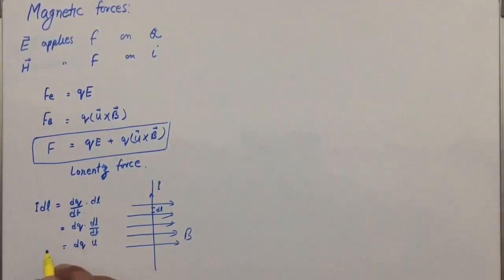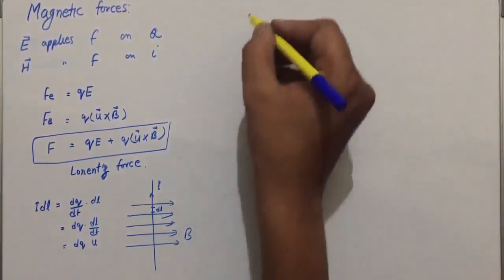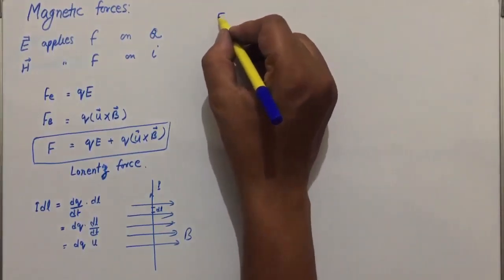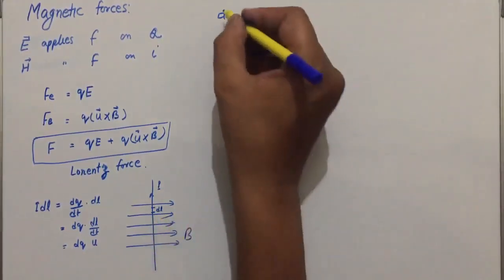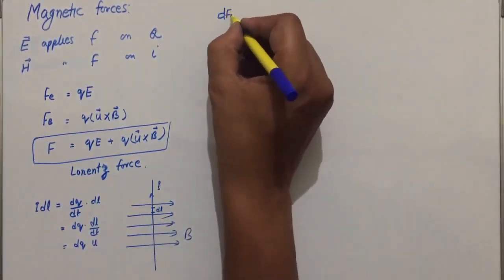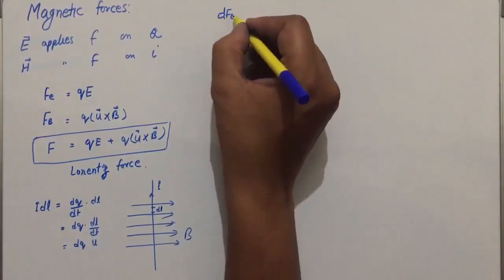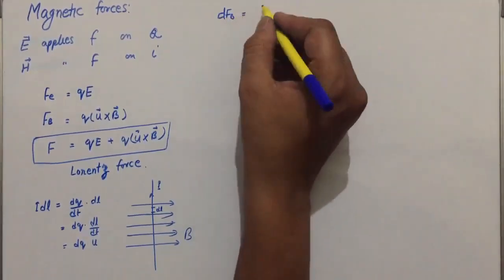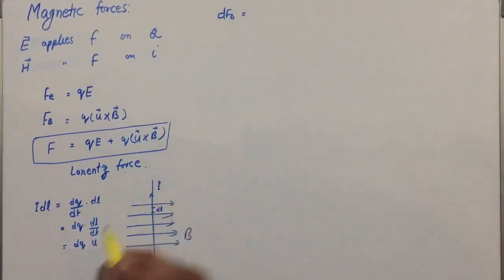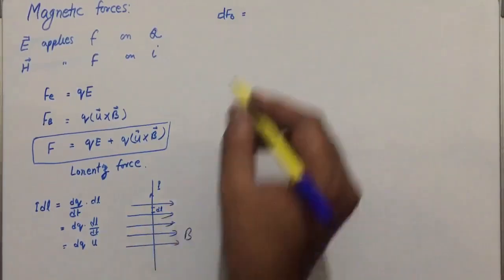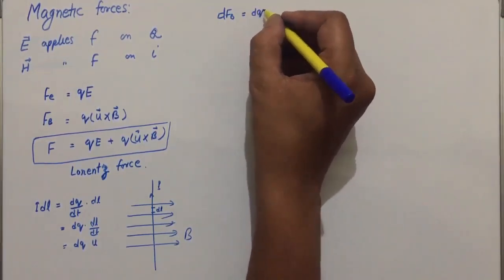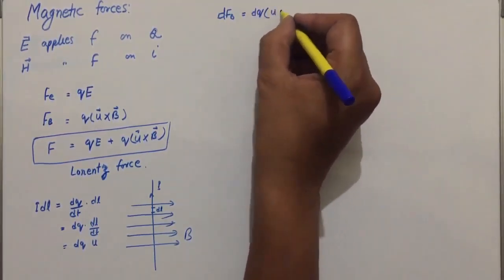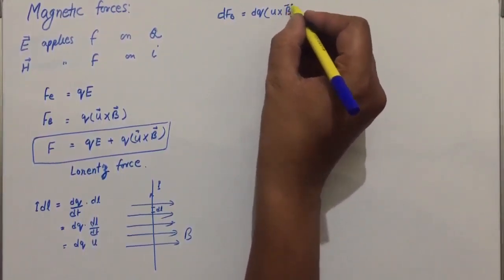So I dl can be written as this. If we talk about the force at this portion, the F B will be equal to this I dl, or dq, with the formula we have, U cross B.